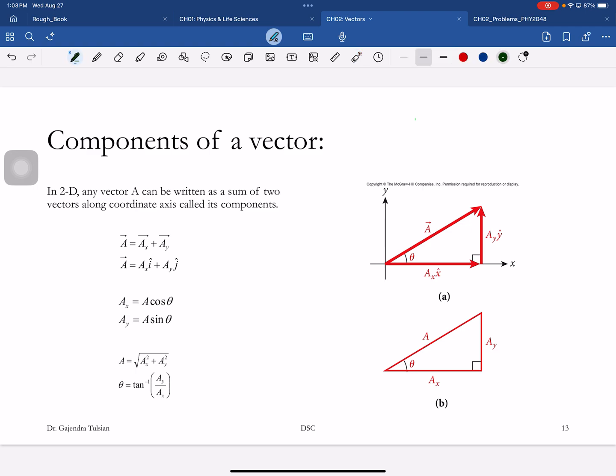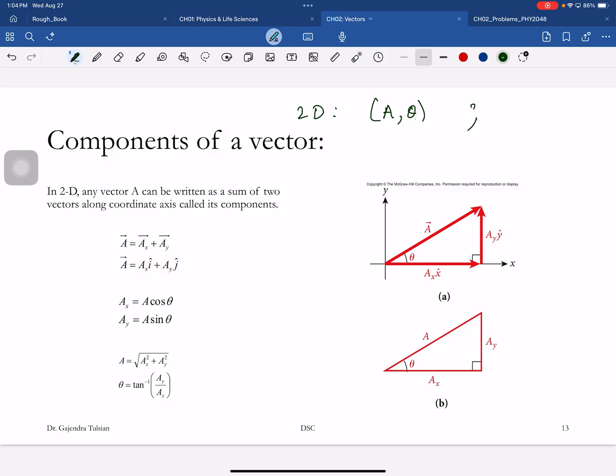In 2 dimensions, you can give me the magnitude and the angle. The angle is conventionally measured counterclockwise from the x-axis. If you give me the length of this vector and this angle, then you've completely specified the vector. Or you can give me this number and this number.